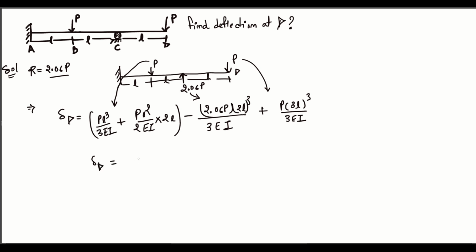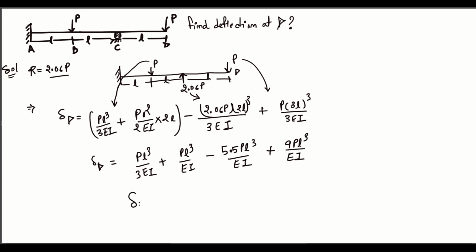So the final deflection at point D will be PL cube upon 3EI plus PL cube upon EI minus 5.5 PL cube upon EI plus 9 PL cube upon EI, and the final deflection at D will be 1.84 PL cube upon EI in the downward direction.